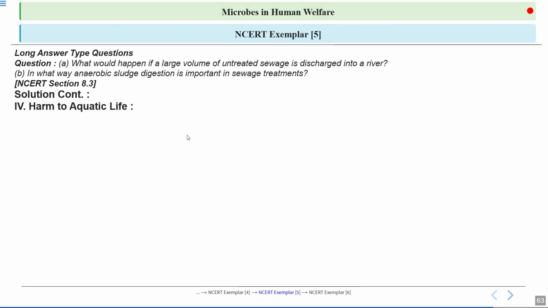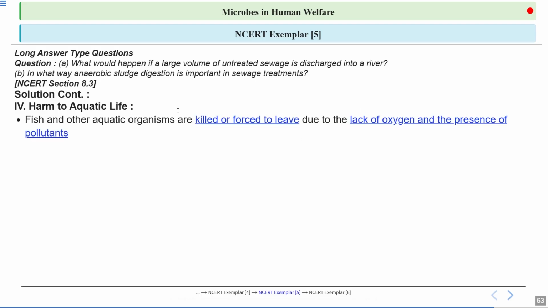Clear? Now, obviously, aquatic life will be harmed. This is a major consequence of untreated sewage entering rivers. Ultimately, aquatic life will be harmed. Fish and other aquatic animals are killed or forced to leave due to the lack of oxygen and presence of pollutants.